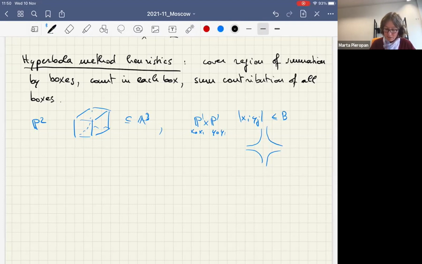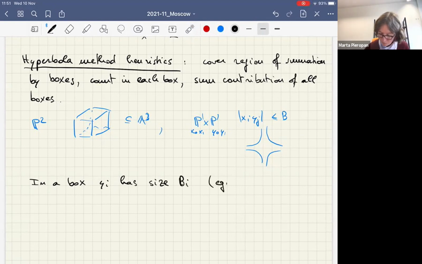All right, so to get an idea of how this works, we look at one box and see what happens. So we choose boxes so that each coordinate has a given size, say bi. What does this mean? For example, we can take some box where yi has to live in something like bi up to 2bi.